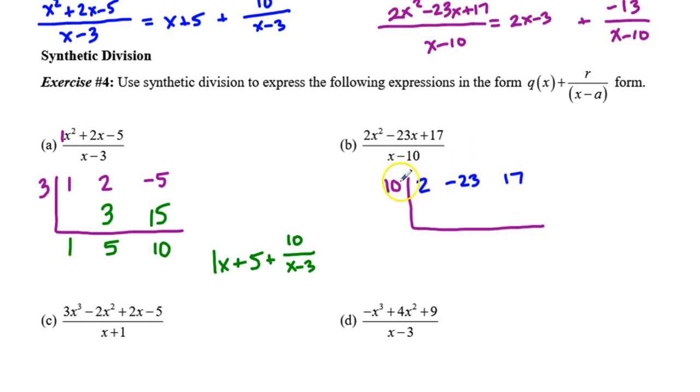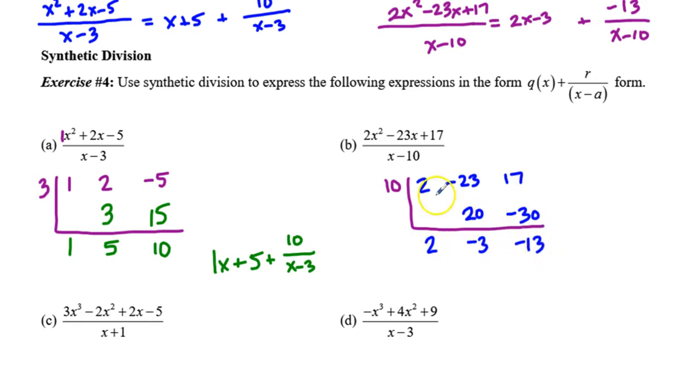I'll walk you through the steps one more time. First step, bring down. You just bring that 2 right down. Now it's just a sequence of multiplication and addition. 10 times 2, 20. Add, negative 23 plus 20. Multiply, 10 times negative 3. Add, 17 plus negative 30.